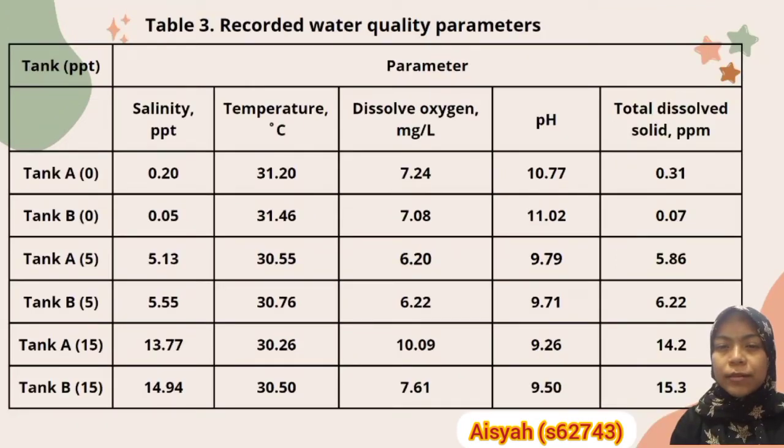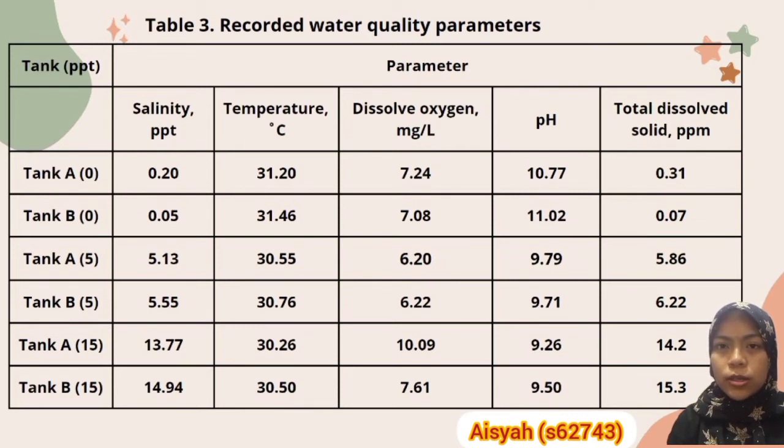For table number 3, recorded water quality parameters, there are 5 different water quality parameters observed, such as salinity, temperature, dissolved oxygen, pH, and total dissolved solids for 10A and 10B in various salinity levels, which are 0, 5, and 15 ppt.